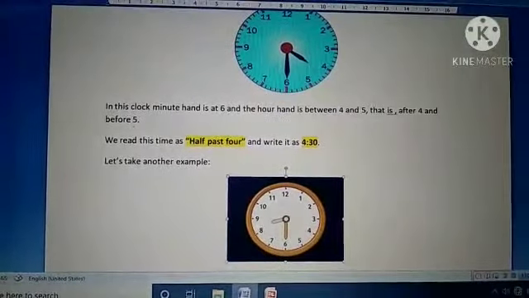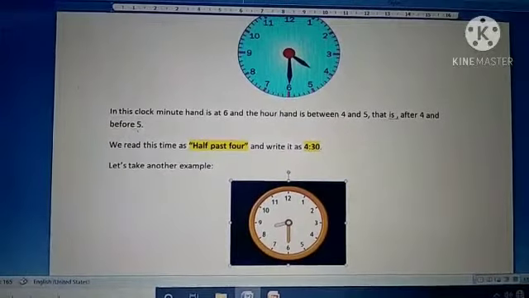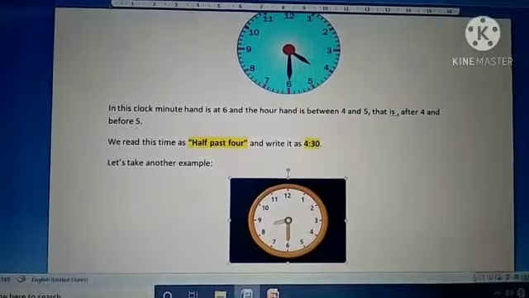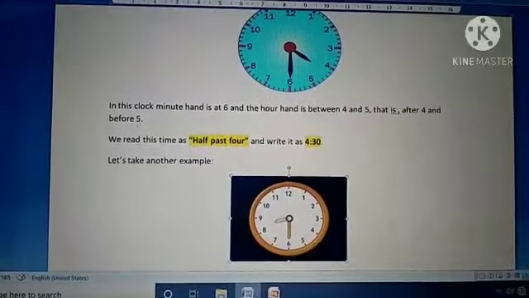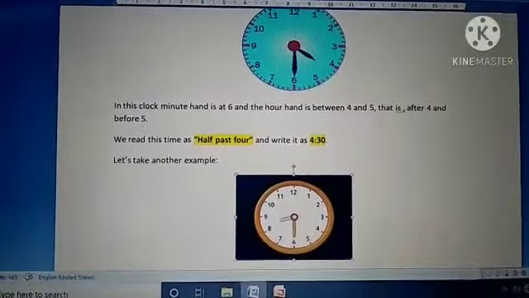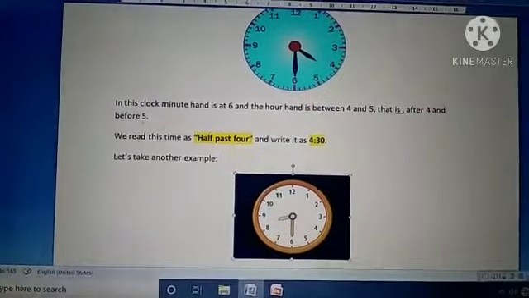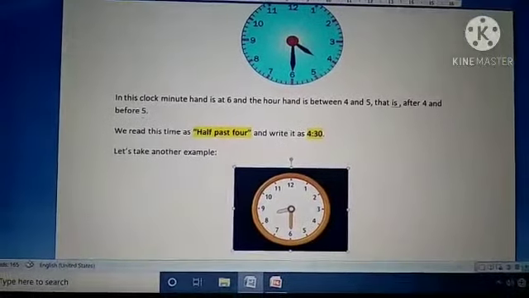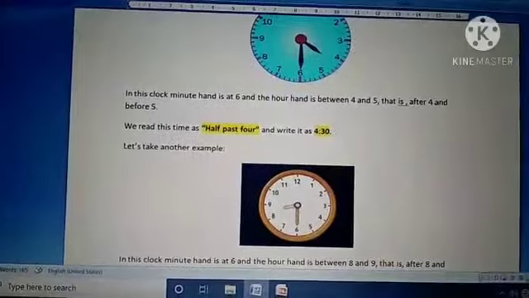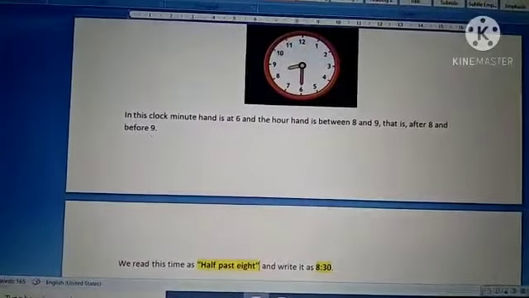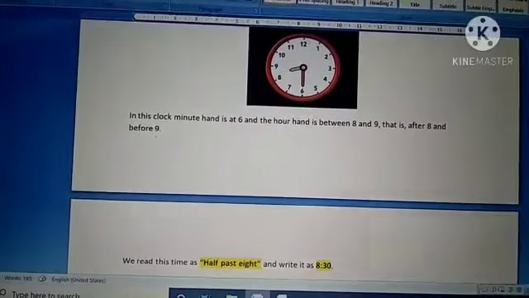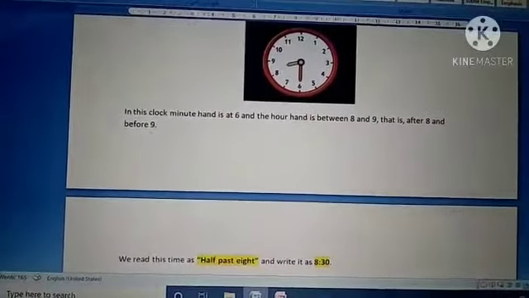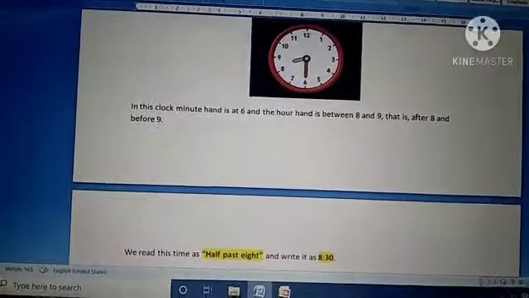As you can see, the hour hand is between 8 and 9, means after 8 and before 9. It is in between 8 and 9. So the time is 8:30. In this clock, the minute hand is at 6 and the hour hand is between 8 and 9, that is after 8 and before 9.